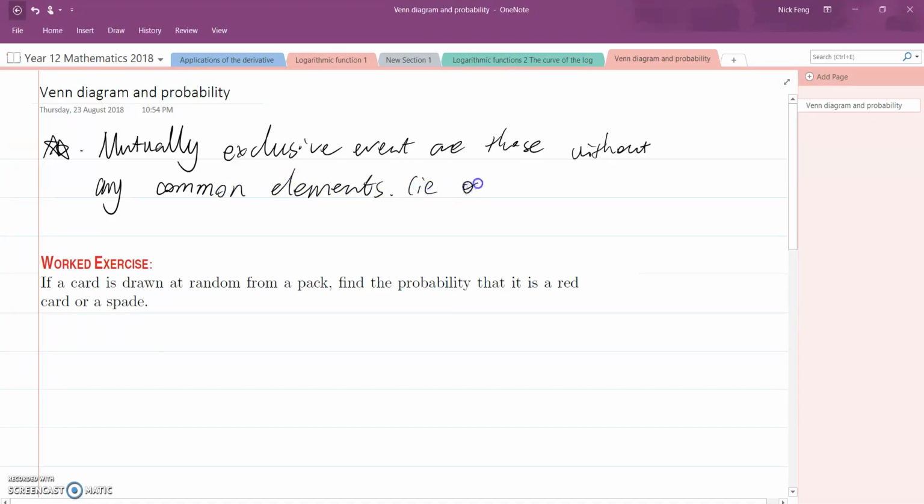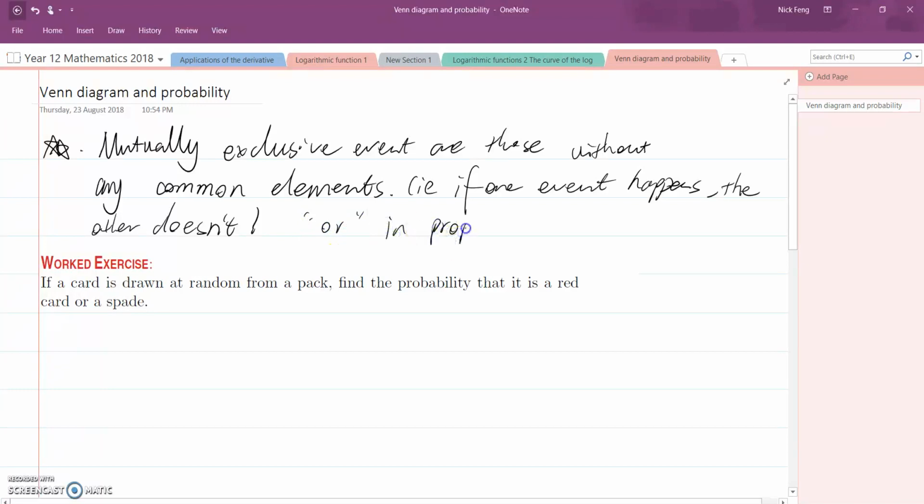In other words, if one event happens, the other doesn't. Which means it's either or. And the word or in probability means plus.